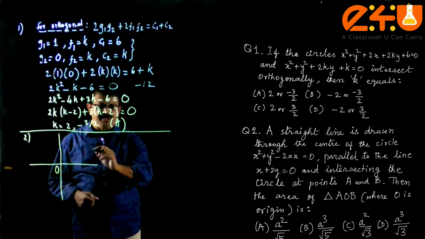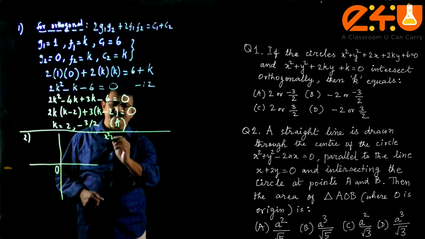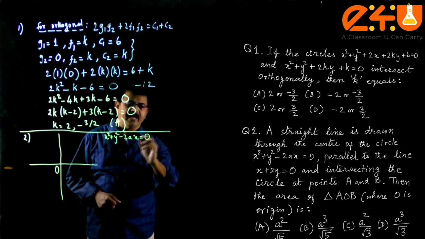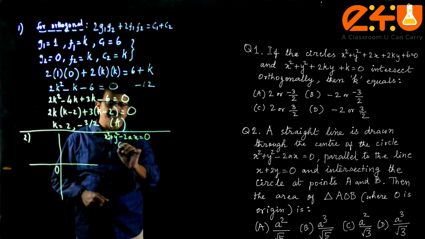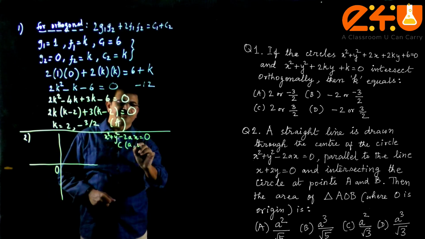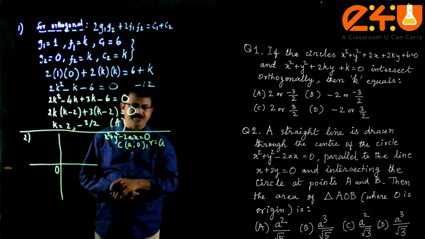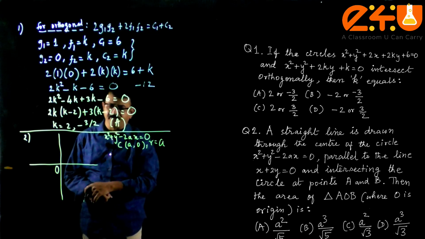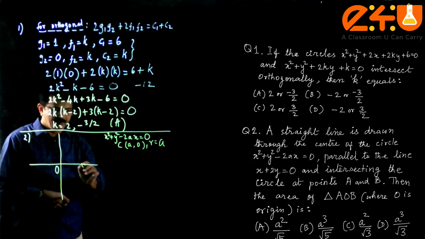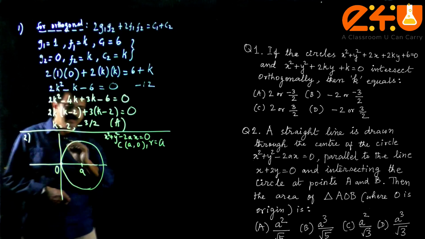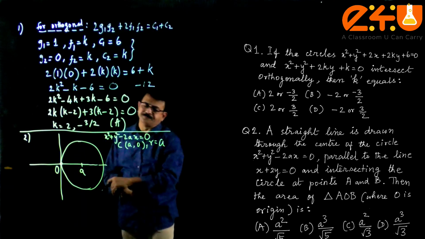The center of the circle, as you can see, the equation is x squared plus y squared minus 2ax equal to 0. So the center should be (a, 0), radius is also a. So the rough sketch of the circle goes this way with center (a, 0).